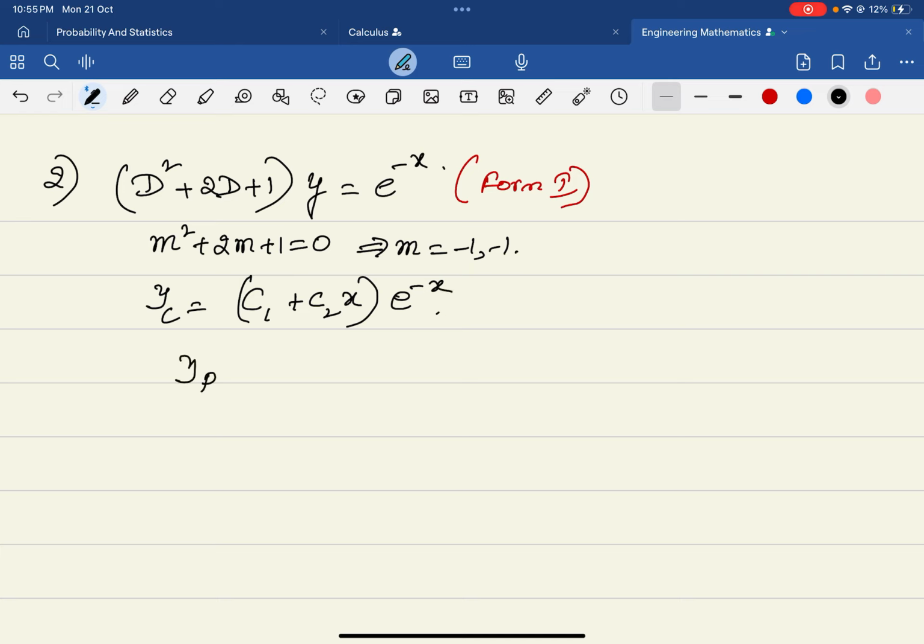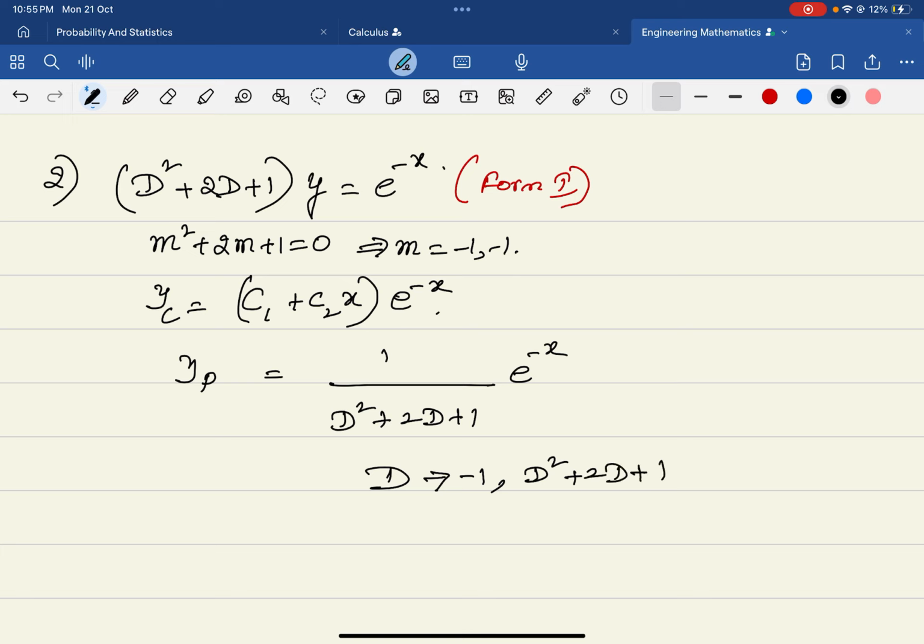Now what is yp? Let us see now. It is 1 over d square plus 2d plus 1 of e power minus x. Now d must be replaced by minus 1. Okay. When d is replaced by minus 1, d square plus 2d plus 1 happens to be 0: 1 minus 2 plus 1 is 0. So this is what I said in the beginning about the special cases, that f of a is equal to 0.